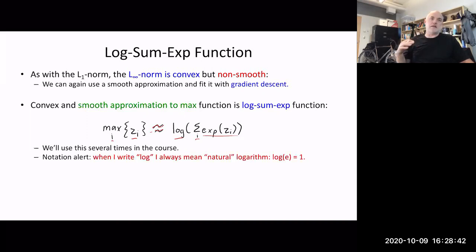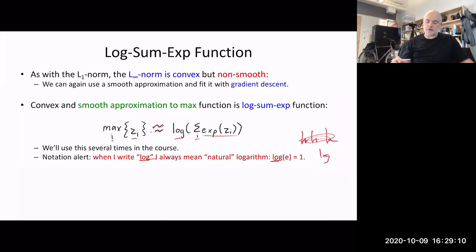We use this a lot in the course, so it's worth really getting an understanding of this. And as I've said before, when I write log, I mean natural log, and it doesn't really matter if it's natural log or regular log. I just mean natural log, because if I write ln, half the time it looks like an H or some horrible other scribble.